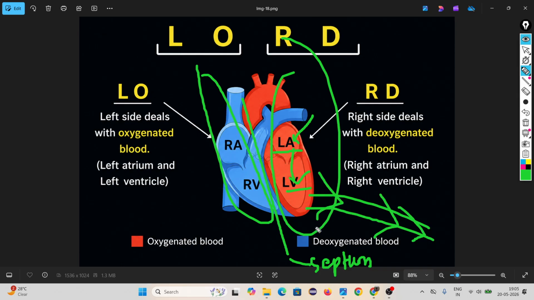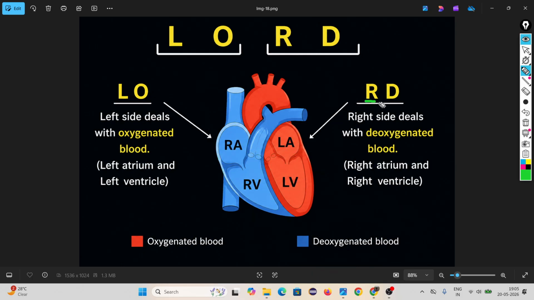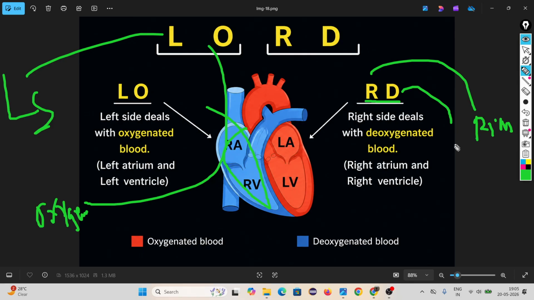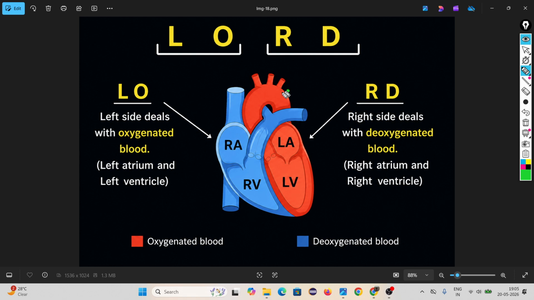The right side deals with deoxygenated blood. Here L stands for left side, O stands for oxygenated blood. R stands for right side, meaning right atrium and right ventricle, and D stands for deoxygenated blood. Always remember oxygenated blood comes from the left atrium to the left ventricle. It never goes to the right atrium or right ventricle.